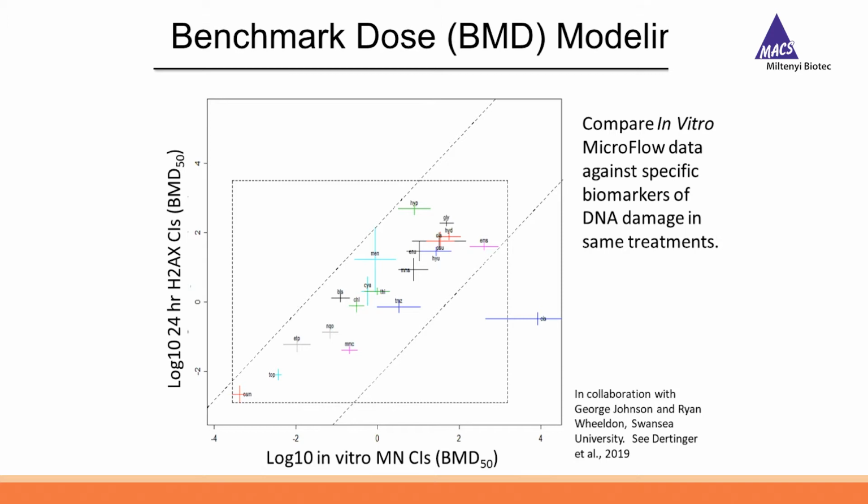You would expect both of these to be fairly consistent with each other because double-strand breaks lead to micronucleus formation. And in fact, we're seeing a very nice correlation between those two endpoints in terms of the most potent compounds for either one of those endpoints being localized to the lower left-hand portion of the plot, and the least potent compounds being in the upper right-hand portion. So this is a very nice confirmation of the micronucleus endpoint that we're looking at in terms of ranking compounds based on their potency.